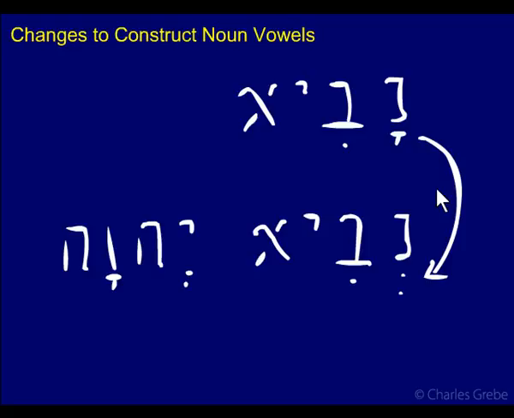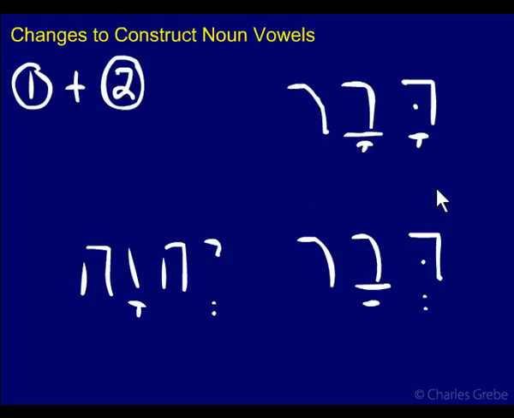Now the way to remember these 2 rules, because these are the most important ones, is to think about this example, because both rules happen here. If you have davar, which means word, you have a kametz in both. If you put it in construct, you get davar Adonai. Our kametz in the final closed syllable is shortening, the long A to a patach.